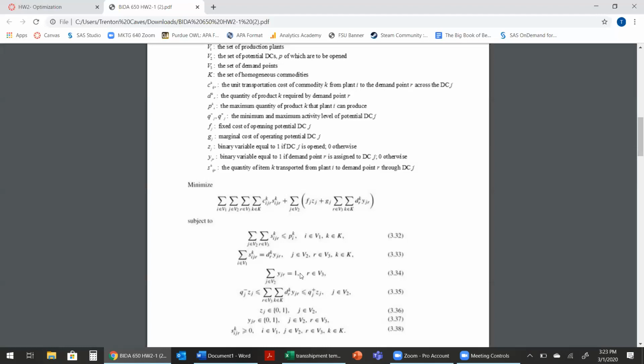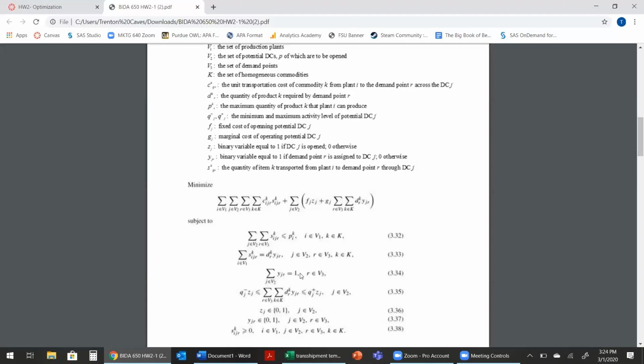Because we have a known number of demand points, we don't have a known number of distribution centers. Each demand point can only be supplied by a single distribution center.